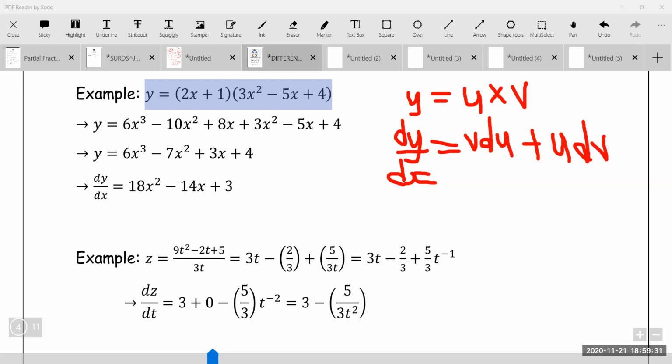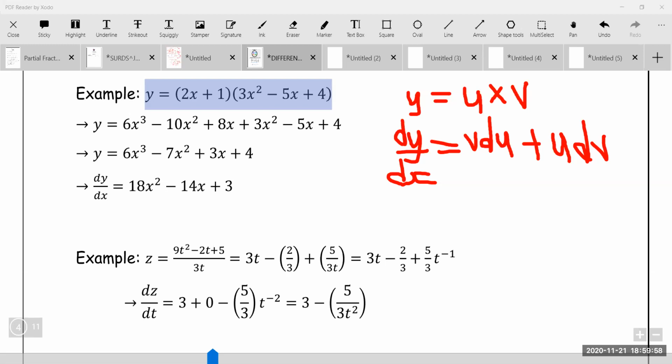Now, what the product rule tells us, this is the product rule: if y is equal to the product of two functions, u times v, then dy by dx is equal to v du plus u dv. That's the product rule.